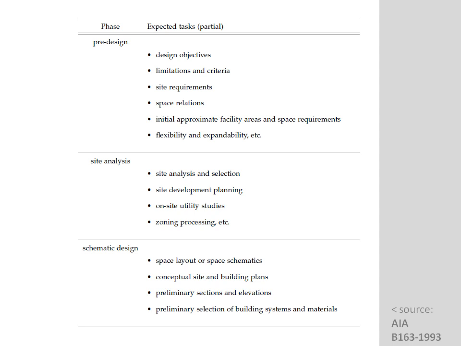Then comes the phase of site analysis, where you see how your site actually behaves and how the zoning regulations act on the site. And then you go to the inside of the building you're planning and try to arrange the functions you have there in a schema.